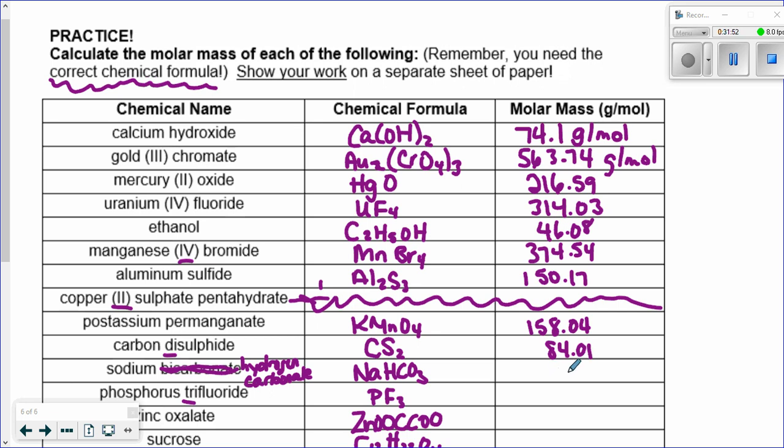Sodium hydrogen carbonate. Uh-oh. I wrote it in the wrong line. Probably messed you guys up. Sorry. 76.15. 84.01. Phosphorus trifluoride, 87.97. 153.43.